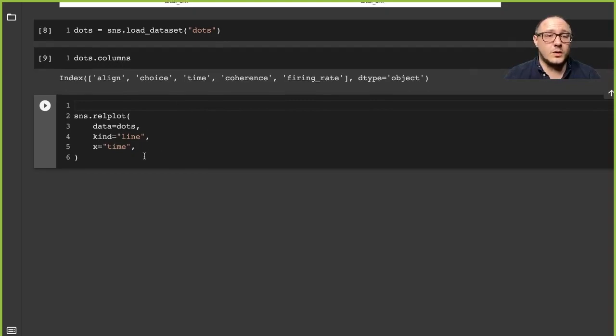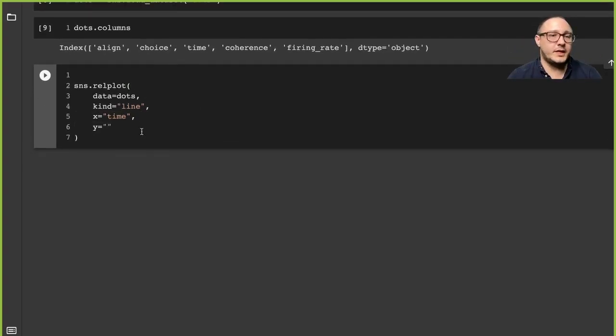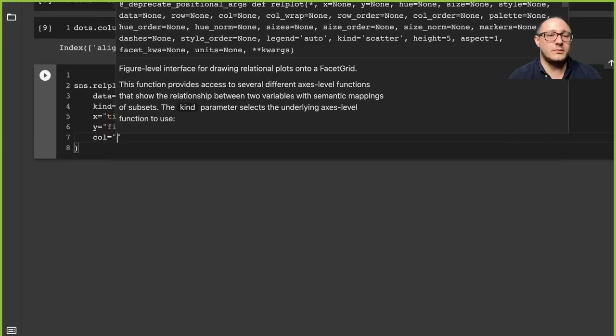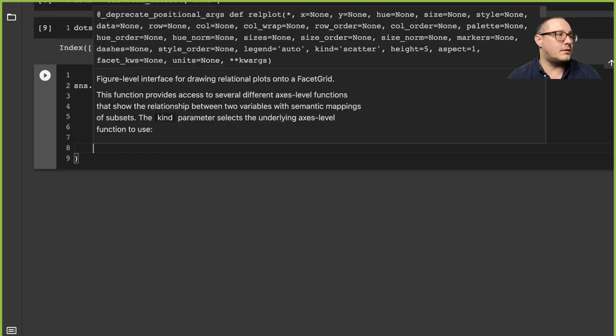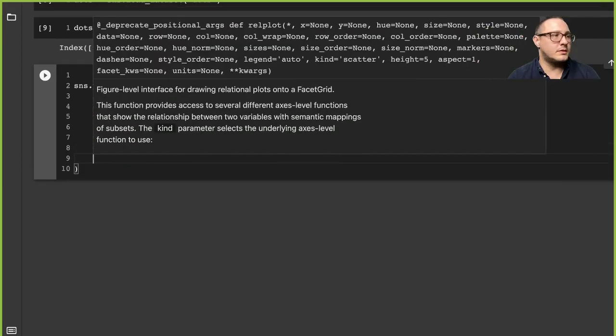Okay, so we want time on our x-axis. We want y to be the firing rate. The column is going to be align, the kind is a line, and the hue is going to be choice.